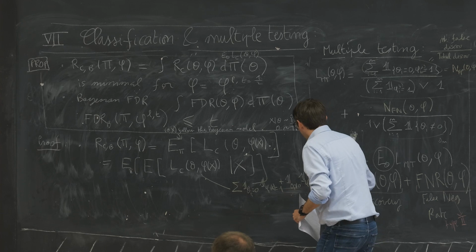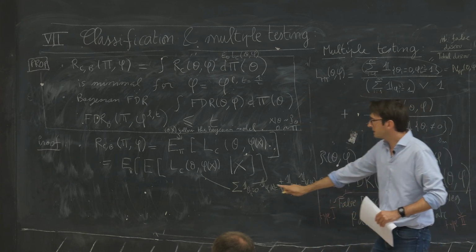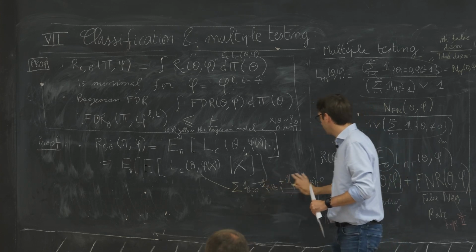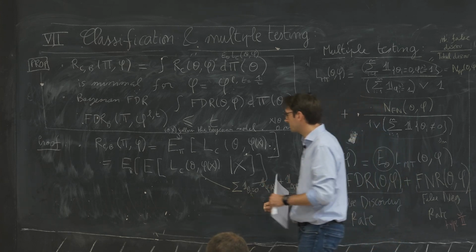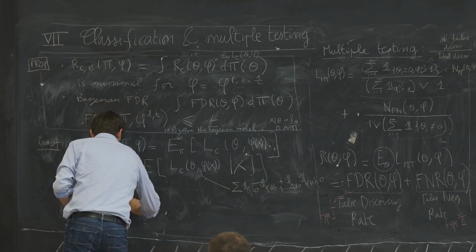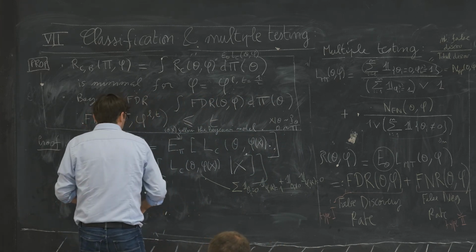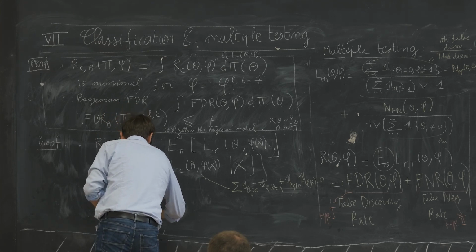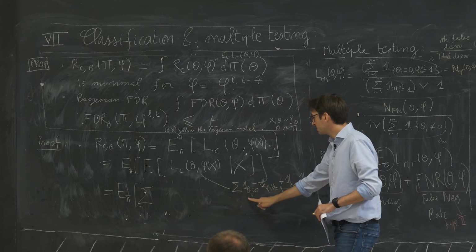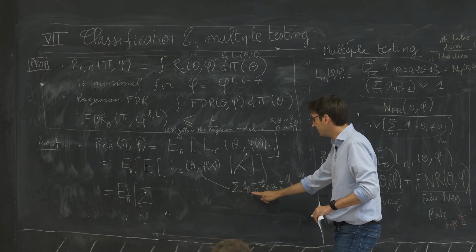What's nice here is that, taking the conditional expectation, those terms are frozen, so you just get the expectation of the indicators. So you get E pi of the sum over i of the conditional expectation, which is just the posterior probability of theta_i equals 0.